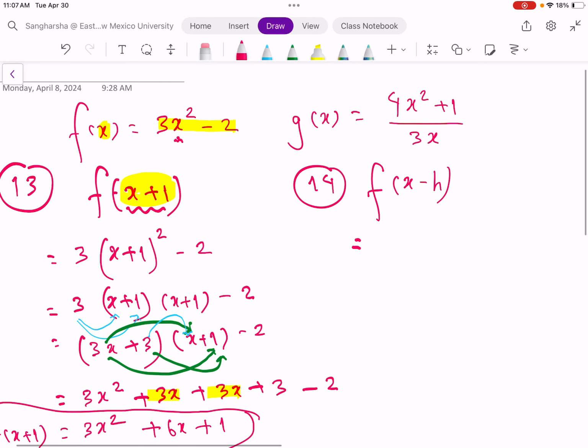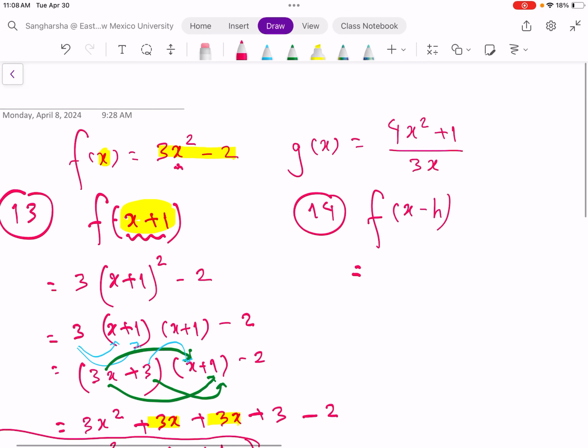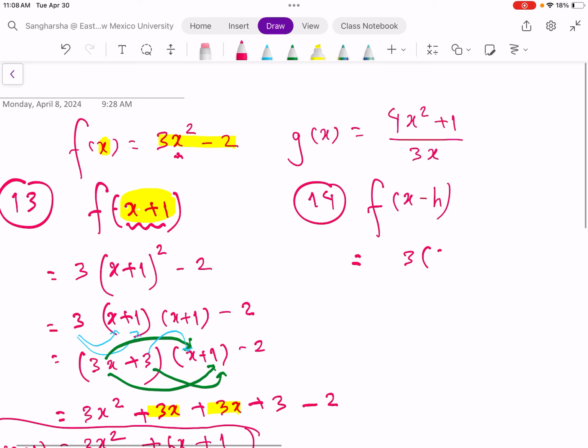So the final answer would be 3x squared, and we have x minus h here. So you substitute x minus h: we have 3 times x minus h squared minus 2.